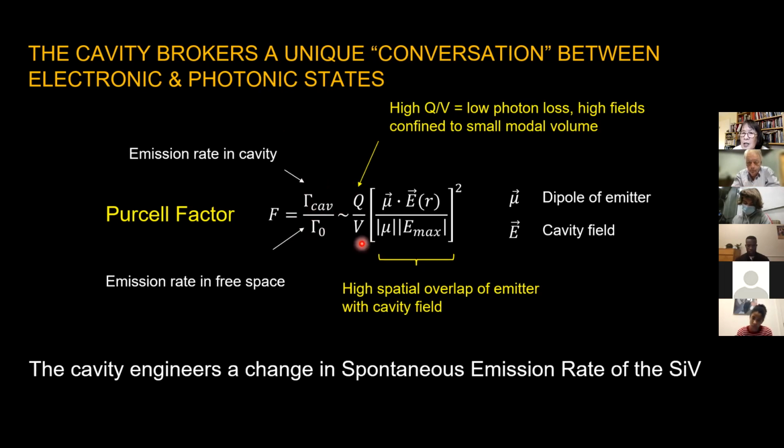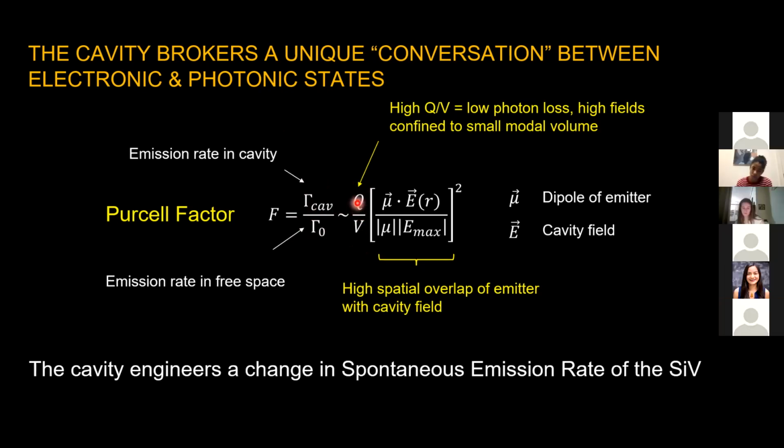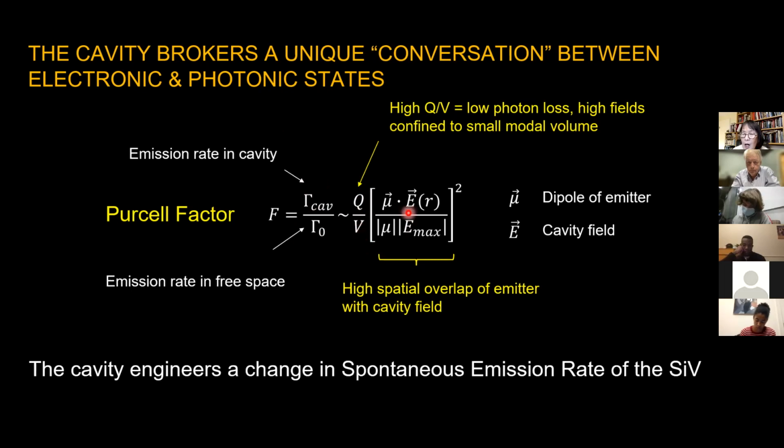Well, partially, we make a finely tuned resonator with a field that's confined to a very small volume, number one. And number two, we place, if we can, the defect or the emitter right at the sweet spot, the maximum of that electromagnetic field. So I'm going to show you what this means in the next slide.